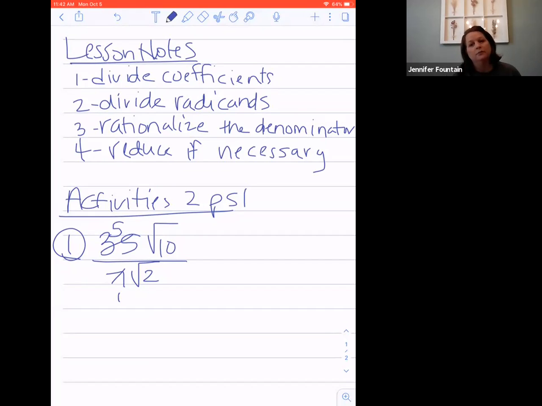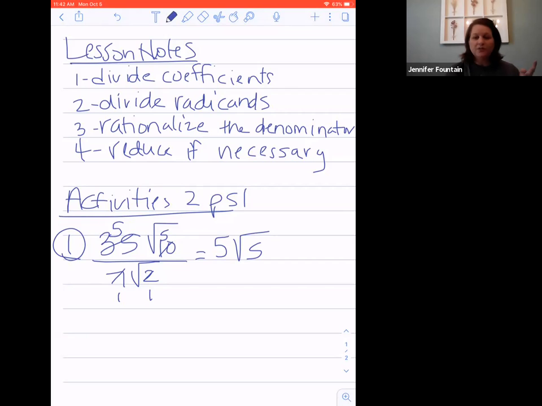They are both divisible by 2. 2 divided by 2 is 1. 10 divided by 2 is 5. Equals 35 reduced to the whole number 5. Under the radicand, I have a 5. Everything in my denominator is a 1. Step 3, I don't have a denominator to rationalize, so I'm good there.